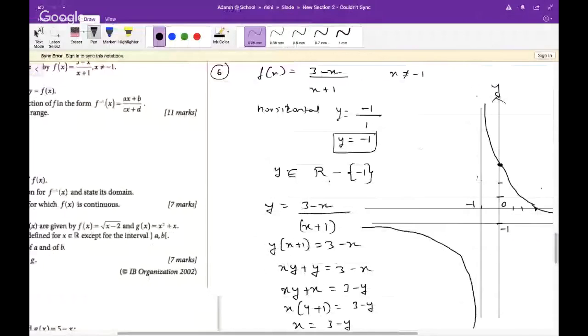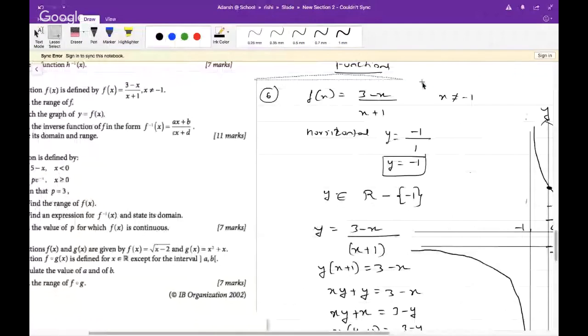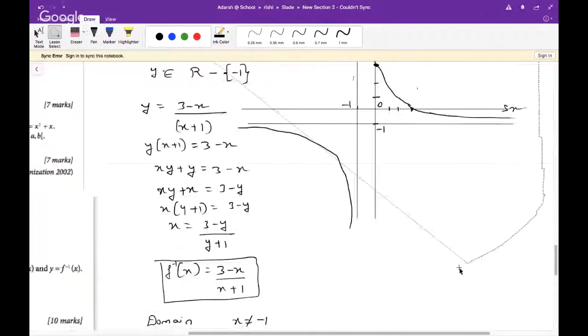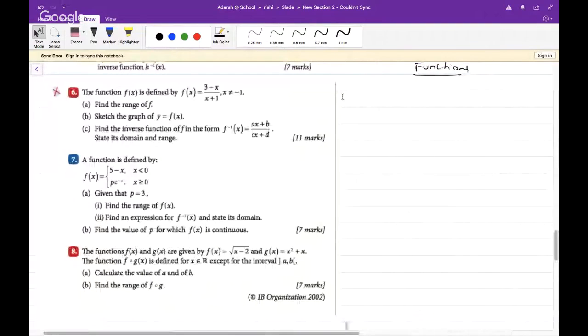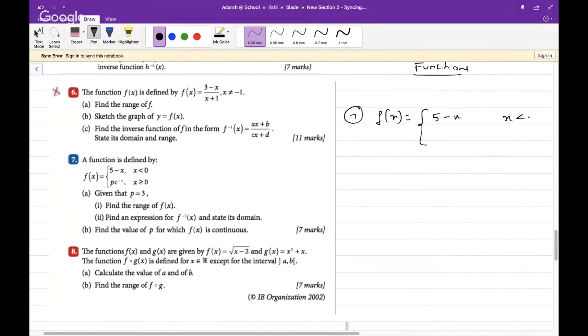Next, let's go to the seventh question. The function is defined as two separate parts. One is 5 minus x when x is less than 0.